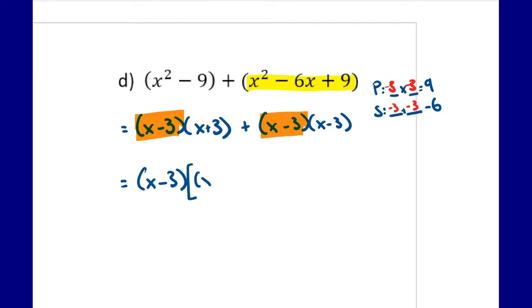Well, x plus 3, and then plus x minus 3. And now I've factored it completely. So it can get a little bit tricky sometimes, but we have factored it now.